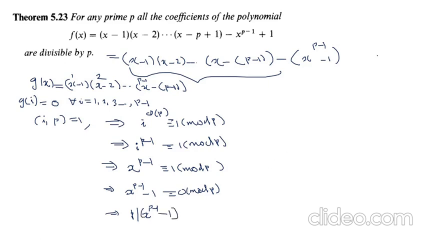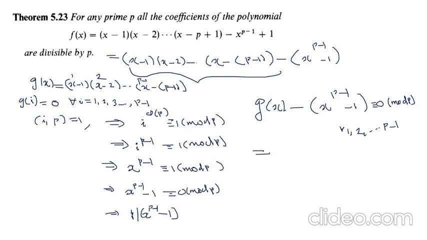Now consider the polynomial f of x. Then f of x is nothing but the product (x minus 1)(x minus 2) and so on up to (x minus (p minus 1)), minus (x raised to p minus 1 minus 1), which is congruent to 0 modulo p for every integer x equal to 1, 2, etc. up to p minus 1.